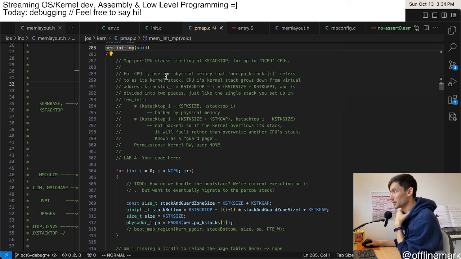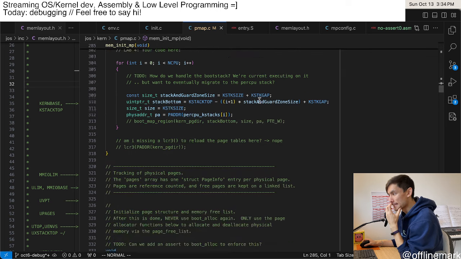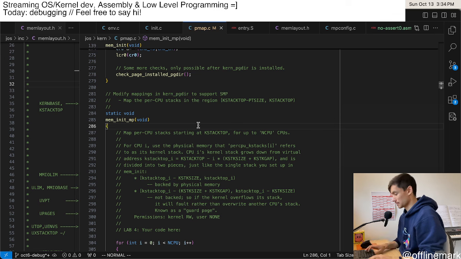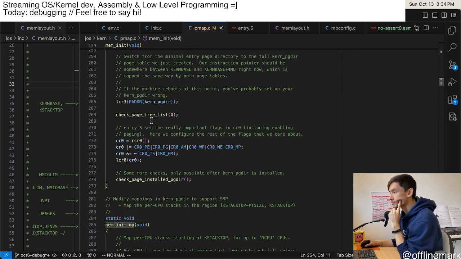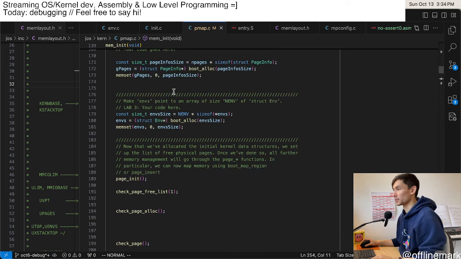For CPU i, use the physical memory that percpu_kstacks[i] refers to as its kernel stack. Okay, but now maybe I'll just go back one more level.